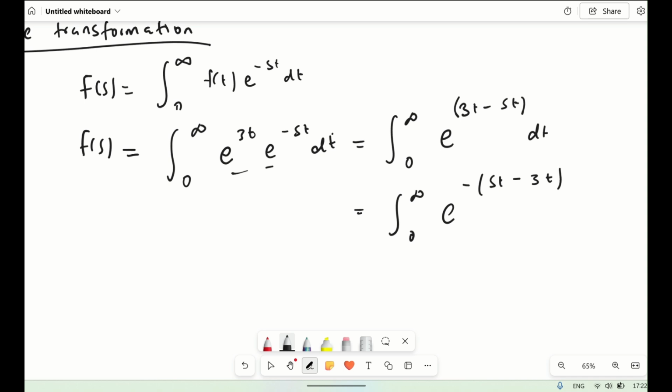Again, you can see there is a common factor of t. So instead, let's take a common factor of negative t. So now it's e to the negative t times (s minus 3), dt.